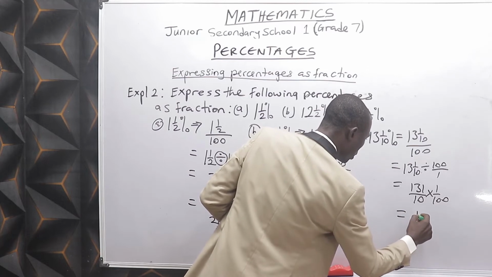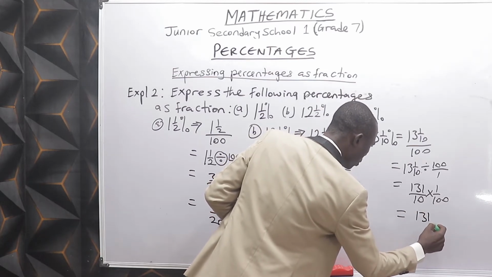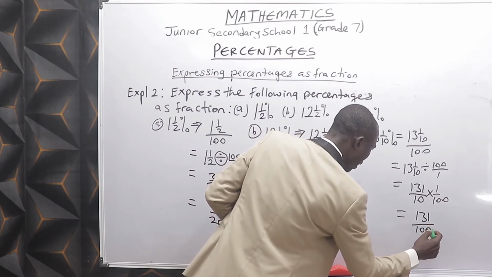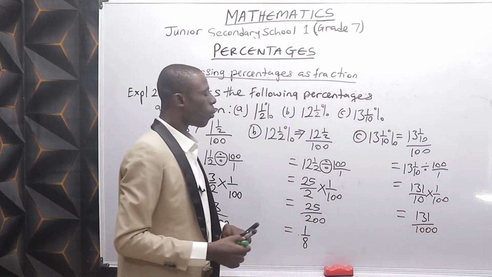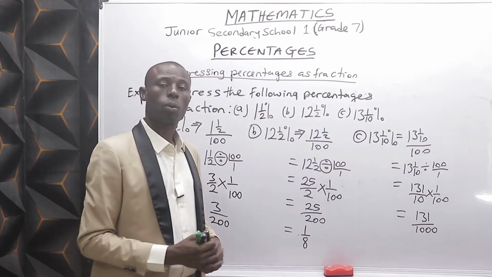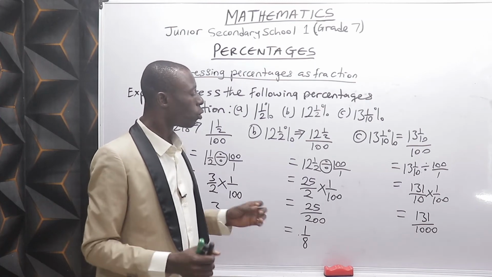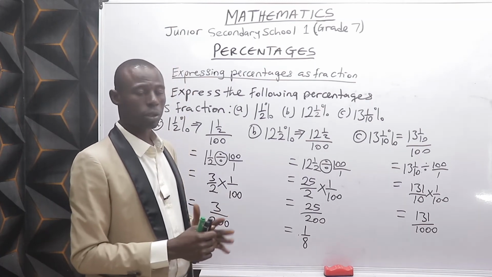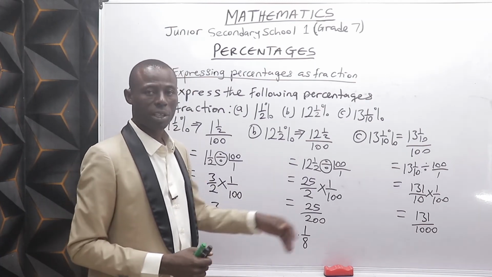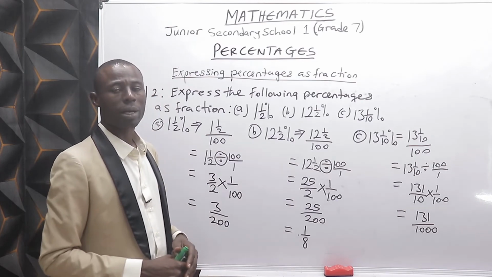And finally, we have 131 over 1,000. And 131 and 1,000 do not have common factors whereby the fraction can be reduced to the lowest term.